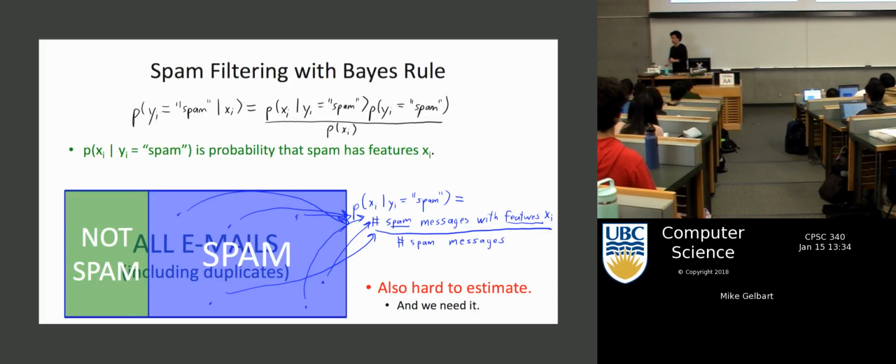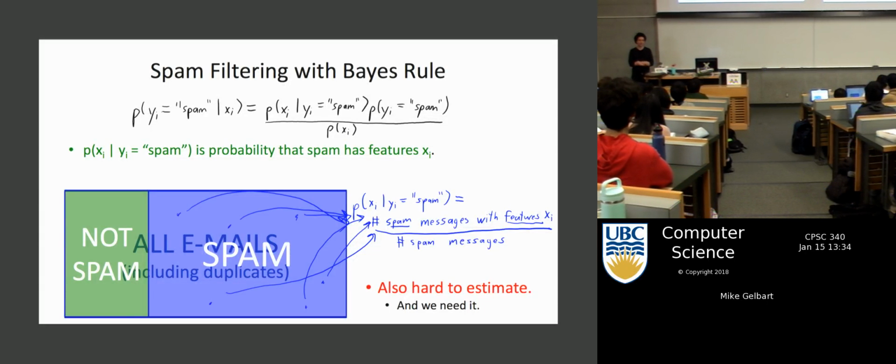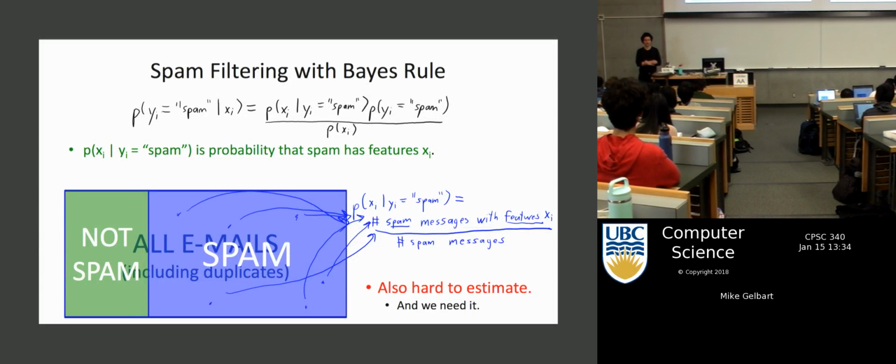What Bayes' rule has really done for us is taken the question we want to answer, which is, given the email, what's the probability of spam, and turned it upside down and said, given that the email is spam, what's the probability of seeing this email? That's the interpretation of this conditional probability.